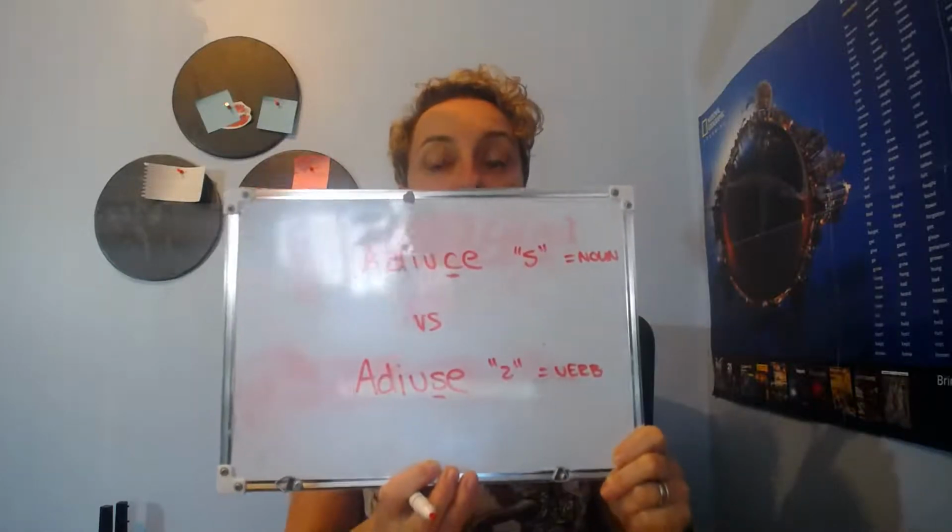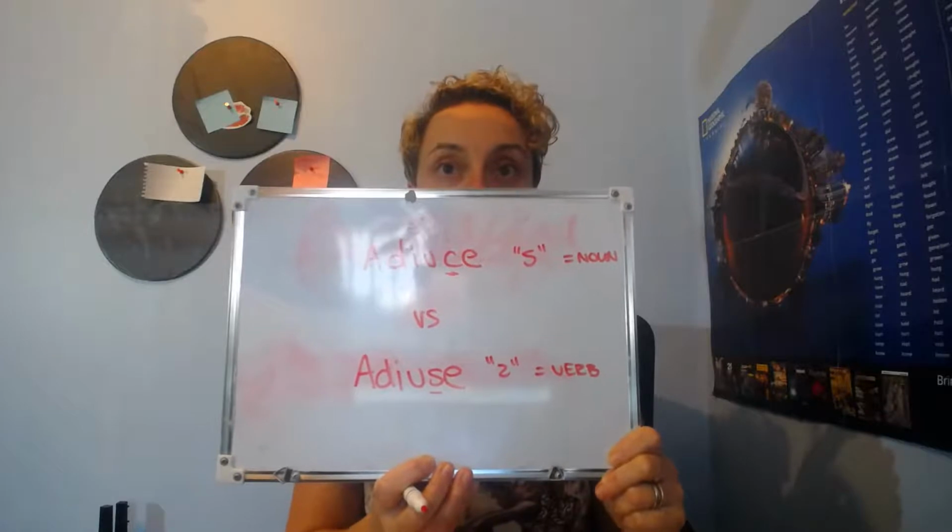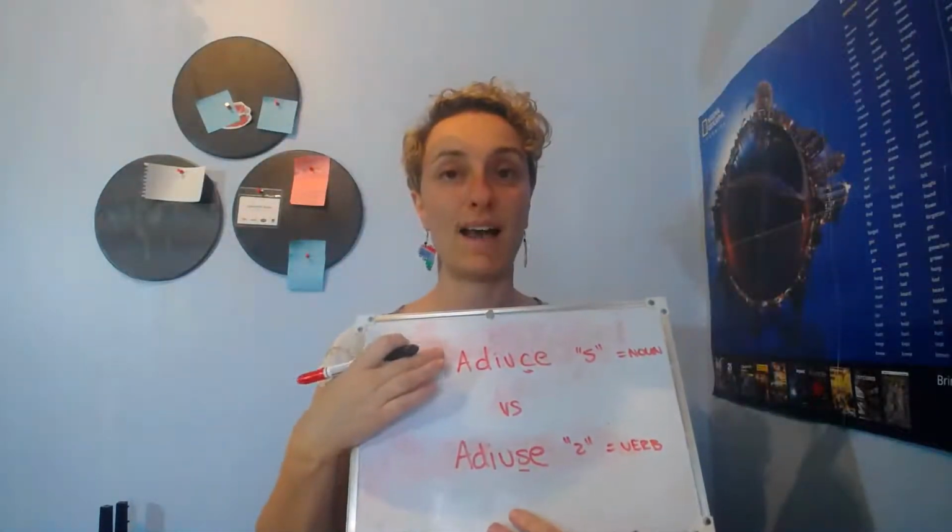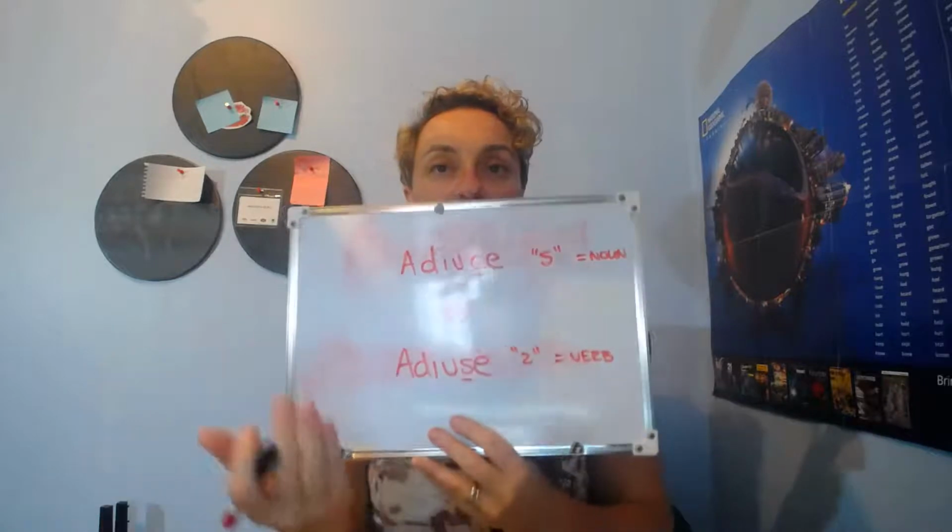Now I'm going to use both of them in an example. So remember that they have similar spelling, similar pronunciation, and they even have a similar meaning. You give your friend some advice. You offer. So consider it as an offer.